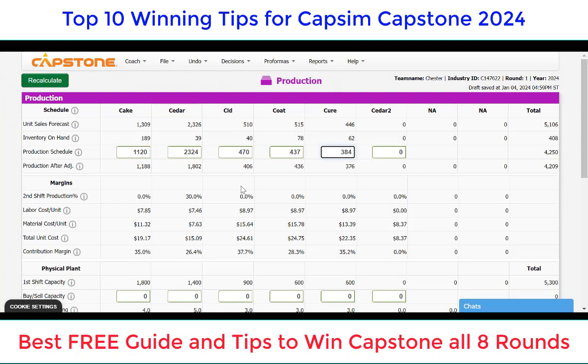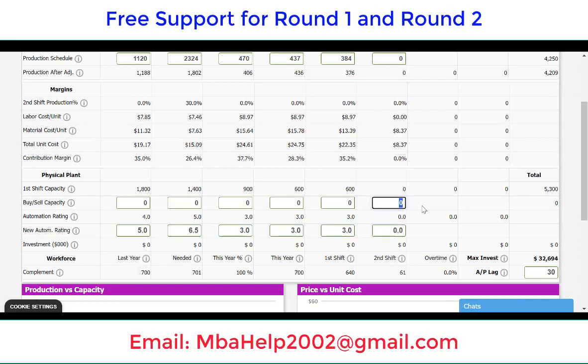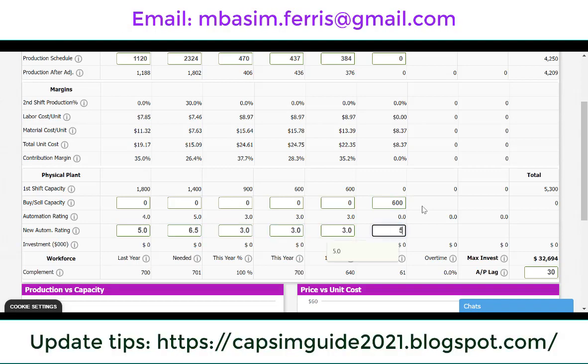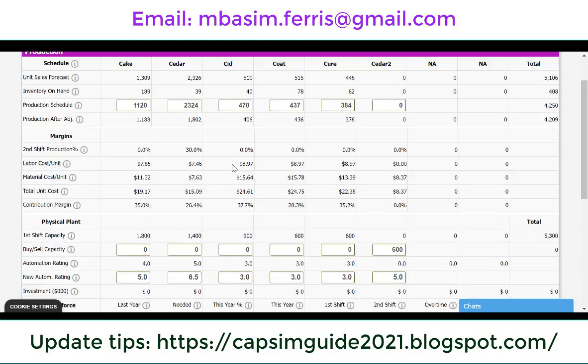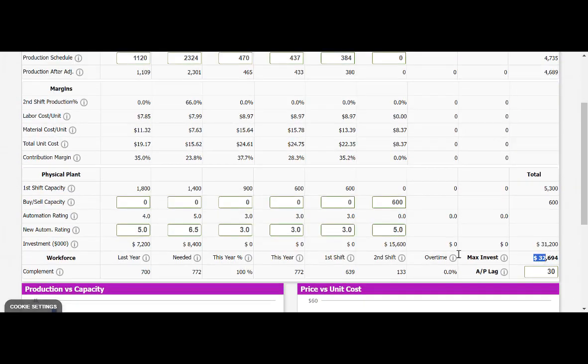And now you remember we need to adjust capacity and increase automation. So automation first because it's easy. Add new capacity for the new low end, and also set automation for the new product. So we check the budget here to see if we have enough budget to do that, right?